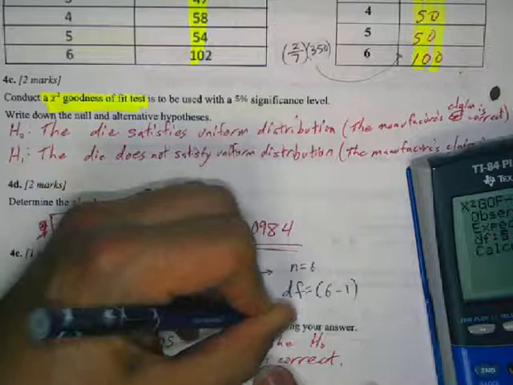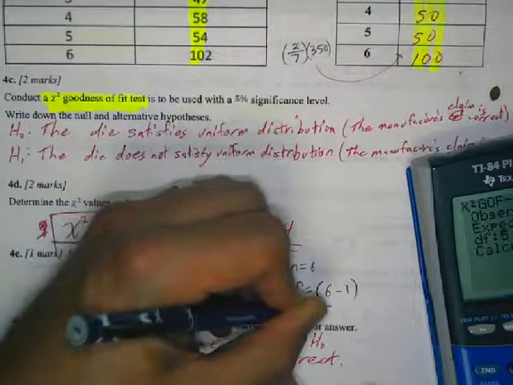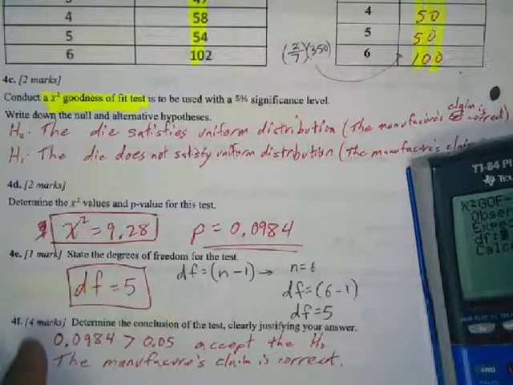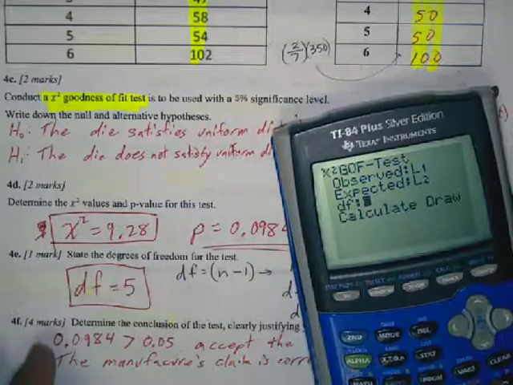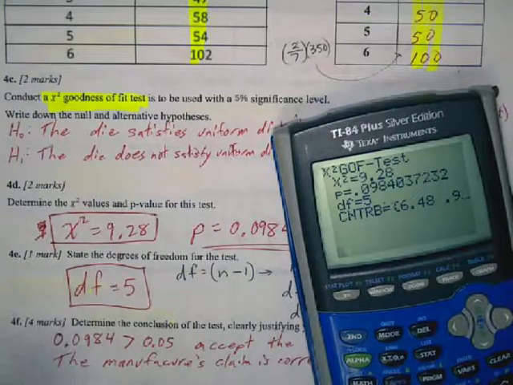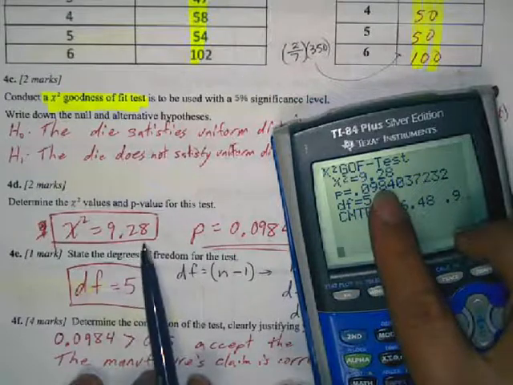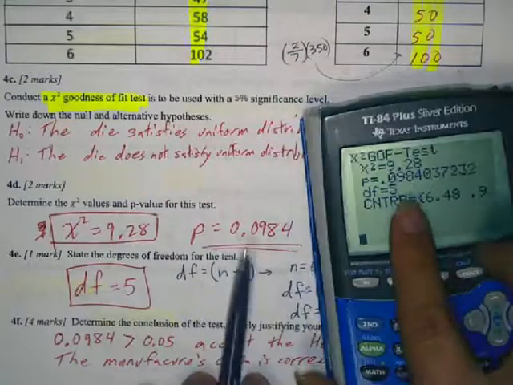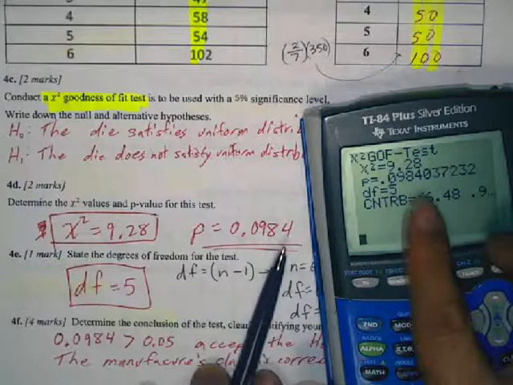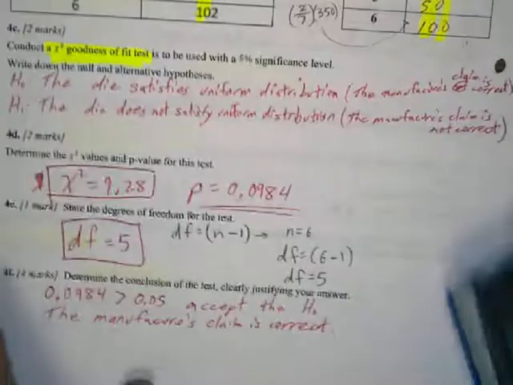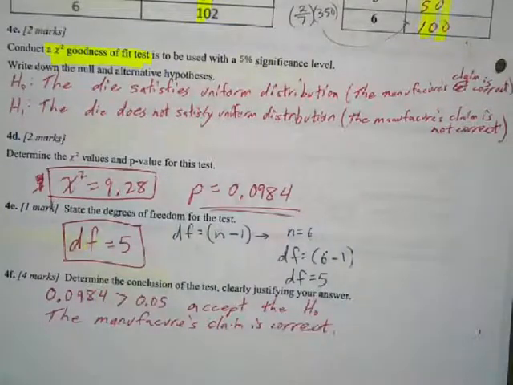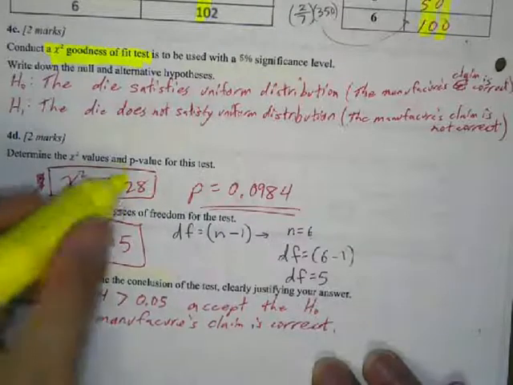So the degrees of freedom is going to be equal to 5, which is what I have here. Okay, so I hit enter, and I get my chi-squared value of 9.28 and my p-value of 0.984. Okay, and so I've got these values here.